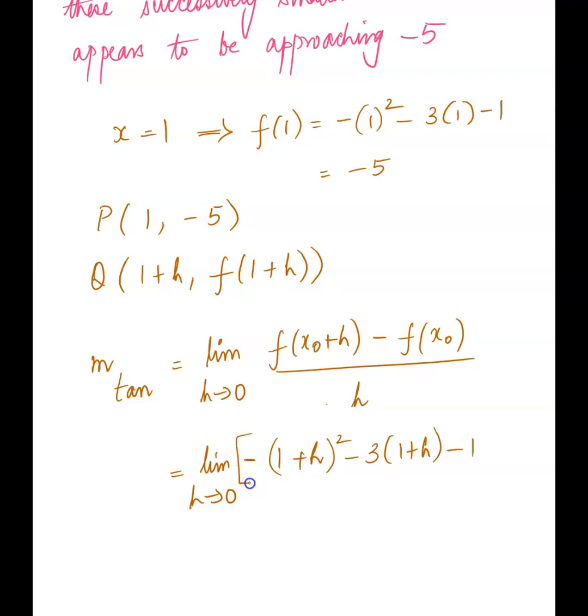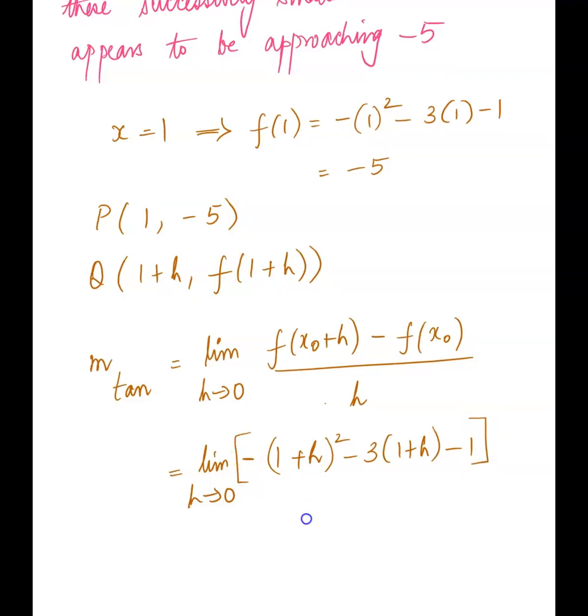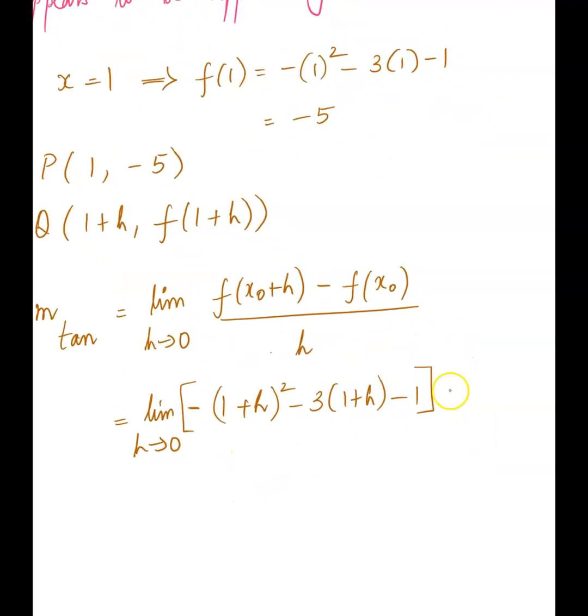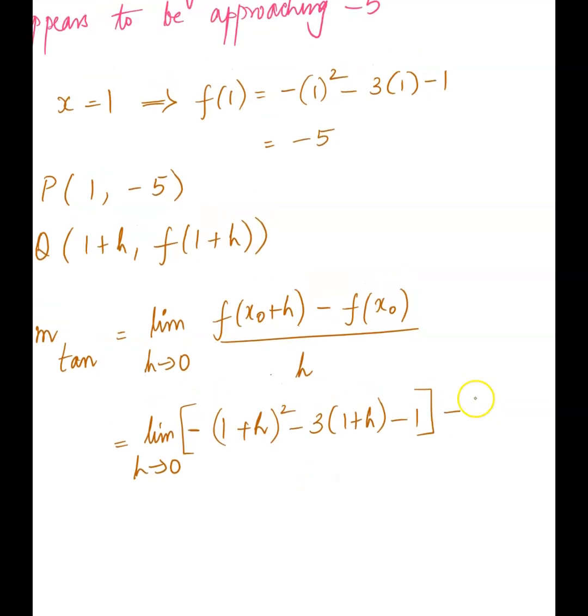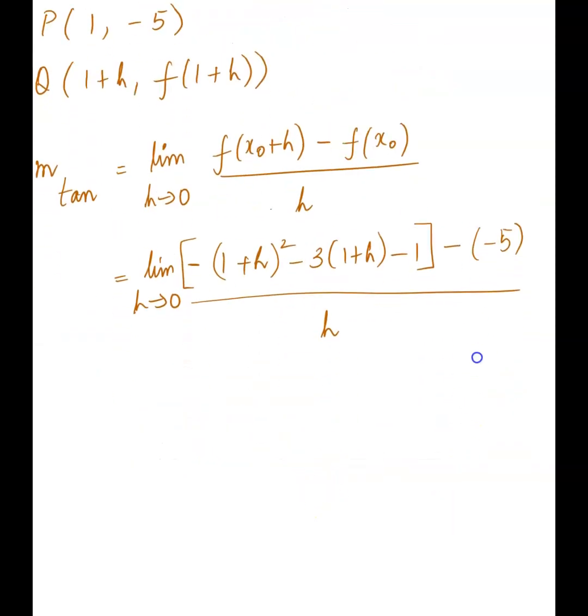So I've plugged in for f of x0 plus h, okay, minus f of x0. F of x0 is -5, all over h. Again, using the a plus b the whole squared formula.